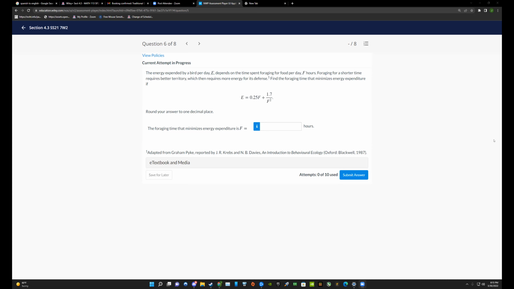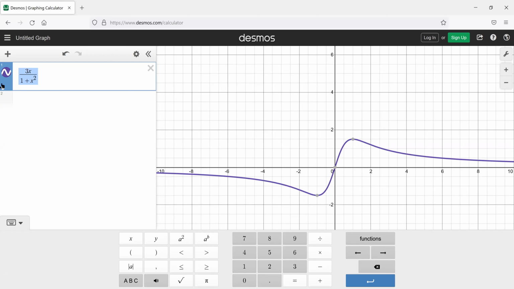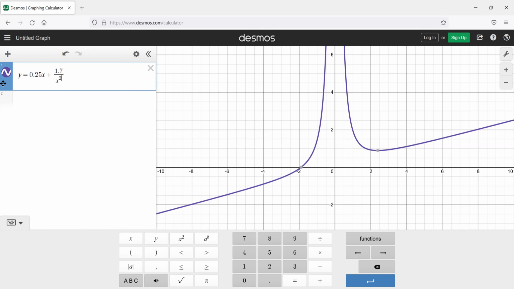Okay, so let me share screen. All right, so again, you don't use the f, you go 0.25x plus 1.7 over x squared. There is a bit of an expectation here that x is greater than 0.